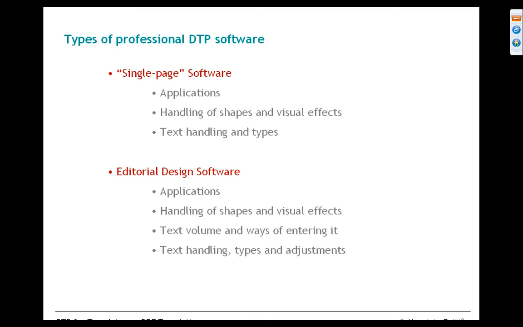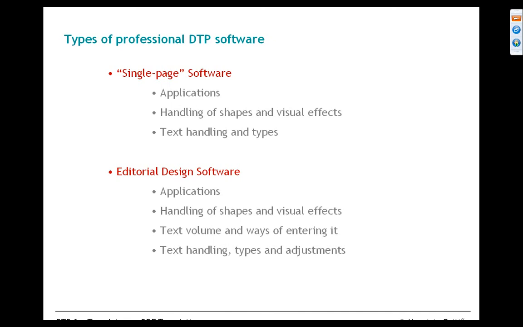And then we will go to editorial design software, which is the most specialized software, the most demanding in terms of hardware, and there we'll see what the applications are, how we can handle these non-text things like shapes and visual effects, and all the ways we have to enter text and how to handle it with a main idea or a motto along the whole course, which is to learn the ways just to edit the text and avoid touching anything else that is not the text.